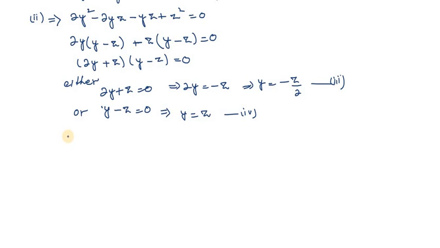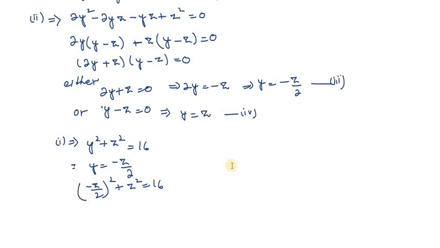First we solve equation number 3 with equation number 1. So equation number 1 implies y square plus z square is equal to 16. And equation number 3 is y is equal to minus z upon 2. Put the value of y, (minus z upon 2) whole square plus z square is equal to 16. So here we get the equation, we get the value of z after taking square root.